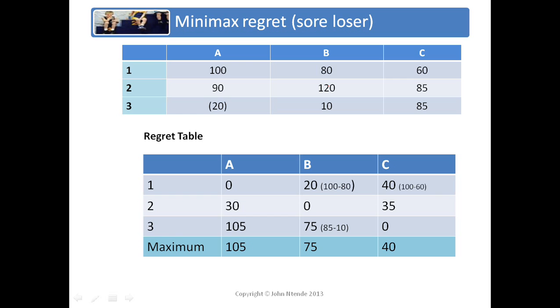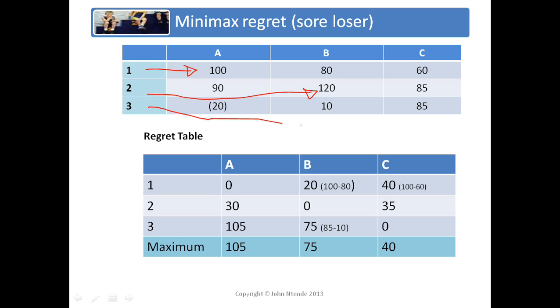The best way to look at this is, for each scenario, we figure out the best possible outcome. Under scenario 1, the best possible outcome is 100. Under scenario 2, the best possible outcome is 120.